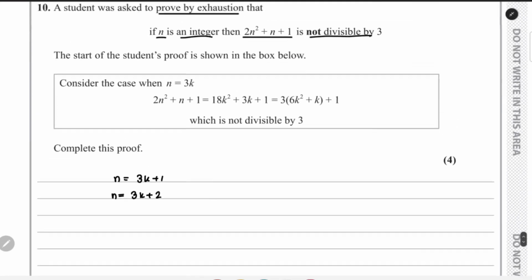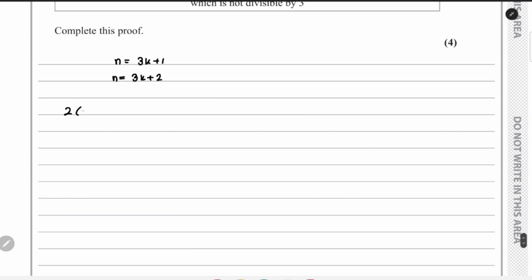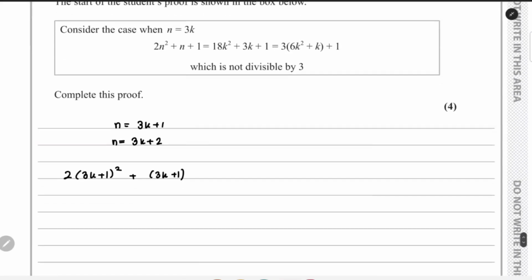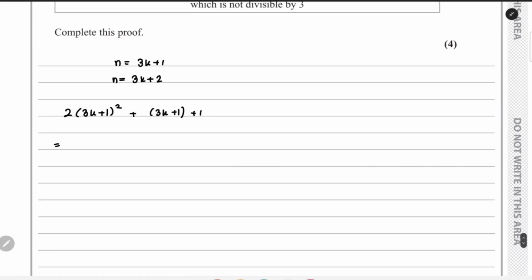So when n equals to 3k plus 1, we'll have 2 times (3k plus 1) whole square plus 3k plus 1 plus 1. If we expand the whole square, we'll get 9k square plus 6k plus 1, plus 3k plus 1 plus 1.